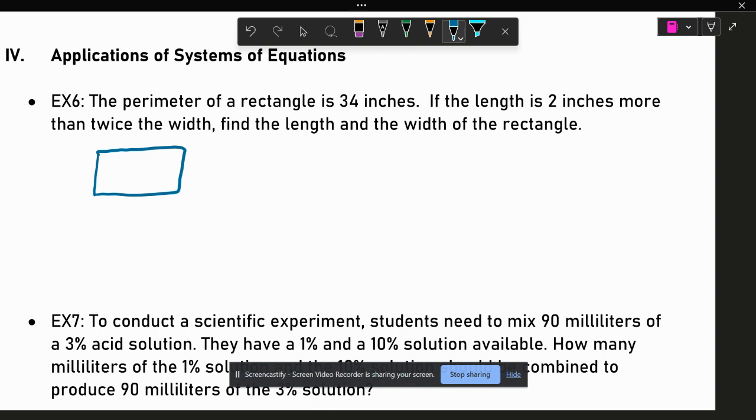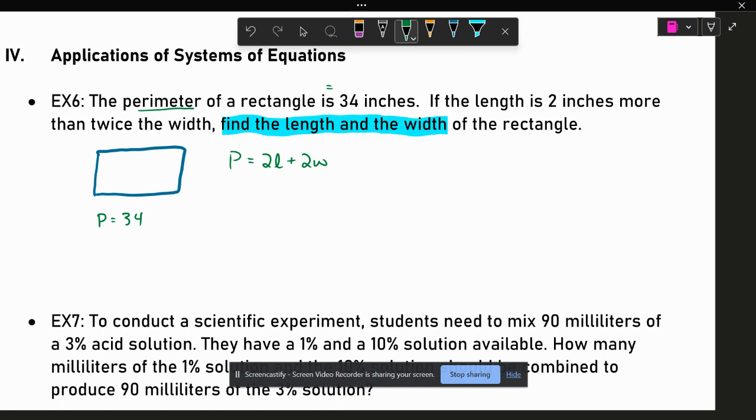It wants us to find length and width. I think that's important that we know what we're looking for. It tells us that the perimeter is 34 inches. And if you remember perimeter, okay, perimeter is 2 times the length plus 2 times the width.